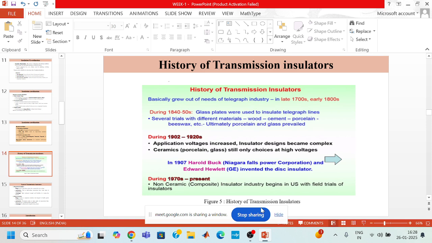Then from the 1970s to the present, the non-ceramic, that is composite insulator industry began in the US with field trials of insulators. So this is the history of transmission insulators, starting in the late 1700s, and till now we are using non-ceramic, that is composite insulators.